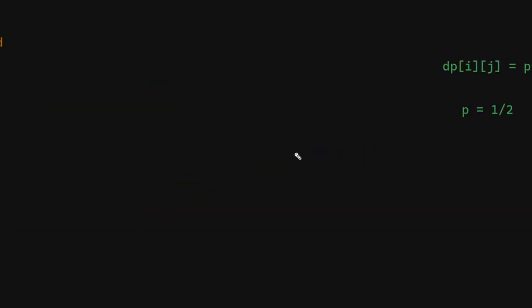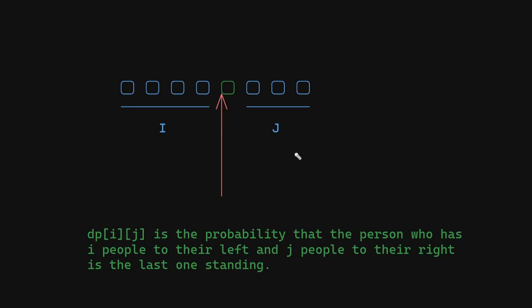So this prompts the question: what is the winning probability for a candidate for whom i people are standing to the left and j people are standing to the right, right? So we are interested in the general question of what is the winning probability for this particular candidate. So formally we define dp of i j as the probability that the person who has i people to the left and j people to the right is the last one standing, right? So this is the general question.